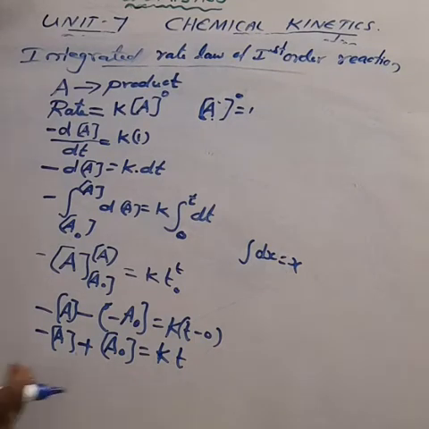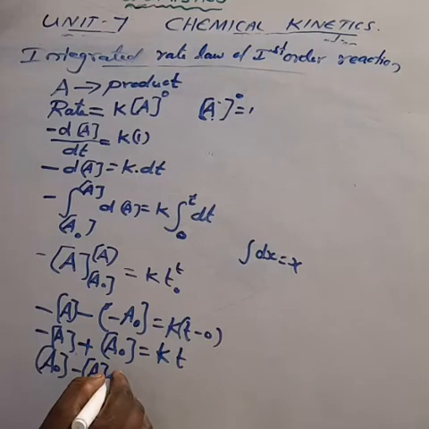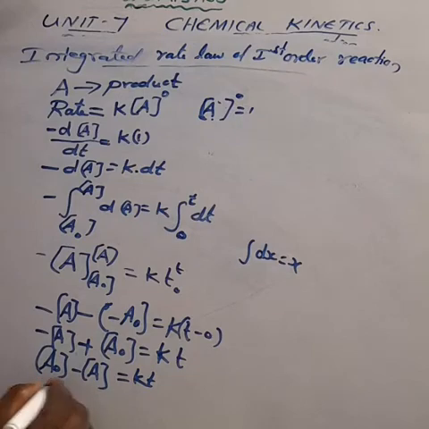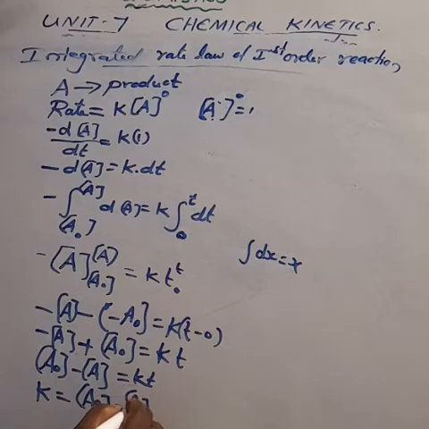Again we can write A naught minus A is equal to Kt. From there, taking K, K is equal to [A] naught minus [A] divided by t.